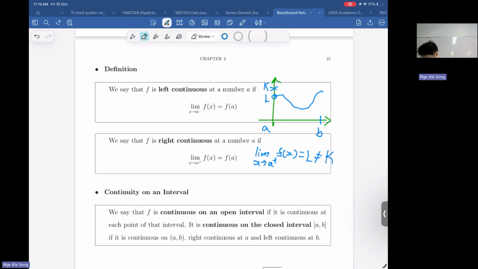So if it is continuous inside here, but you want to increase your number of continuous points, it happens if it is left continuous at A or right continuous at B. Then this A, B are also continuity points. Okay. A question so far? Okay.